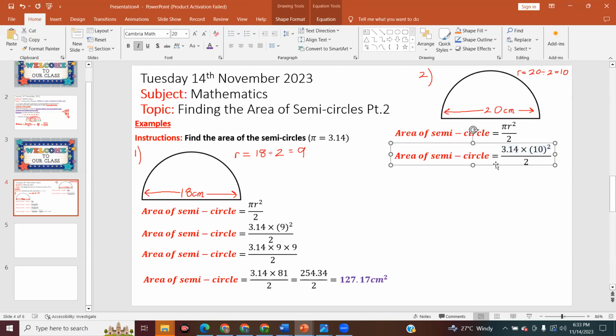And what is the radius, Jevin? The radius is 10. Good.